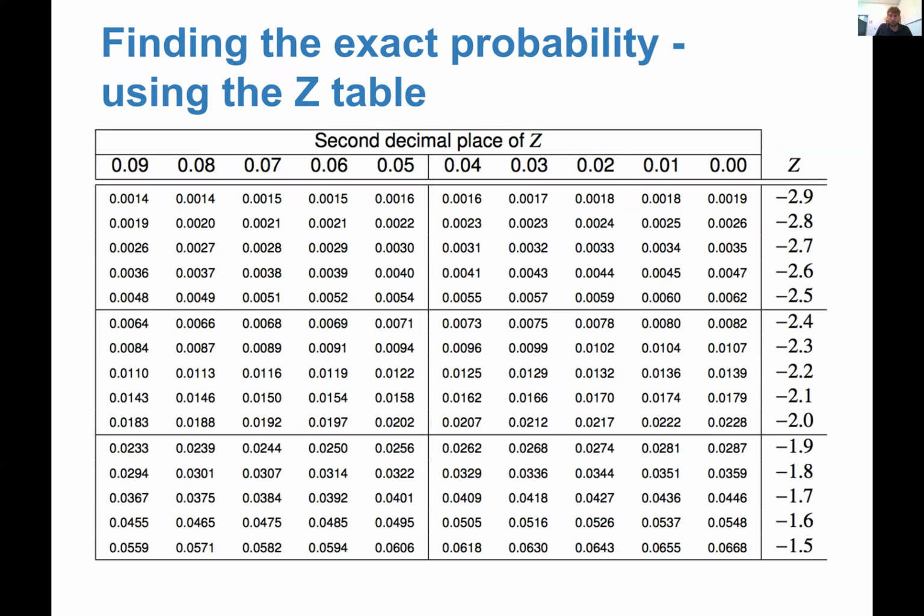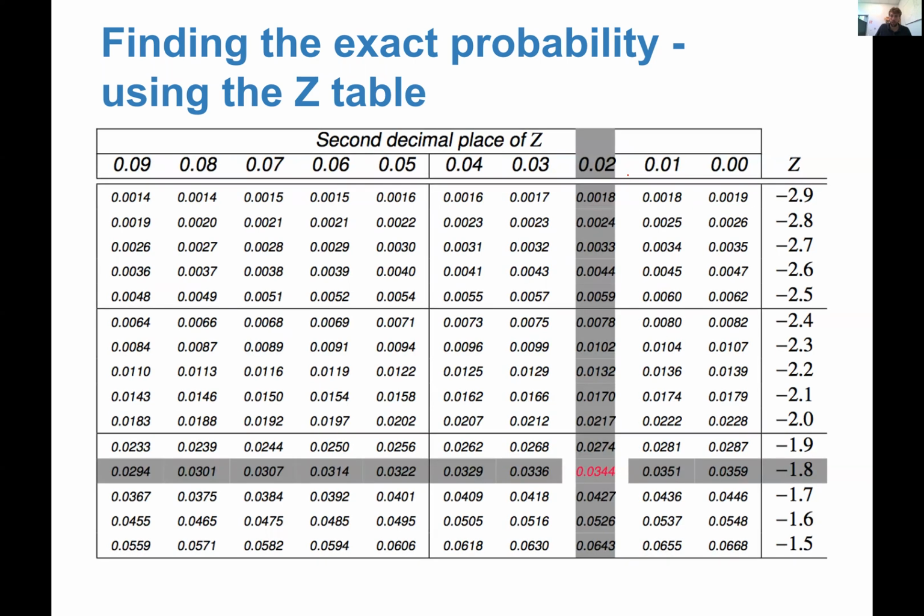Or I could go to my handy dandy textbook, pages 410 and 411, and say, okay, my z-score was negative 1.82, so I'm going to find it there. My percentile is 0.0344. Okay?